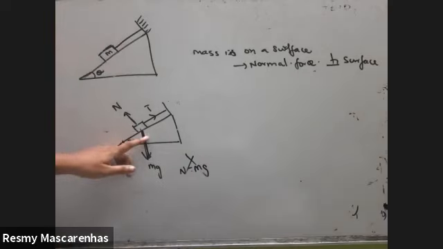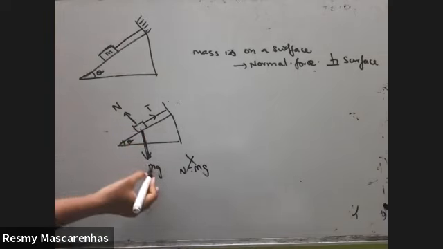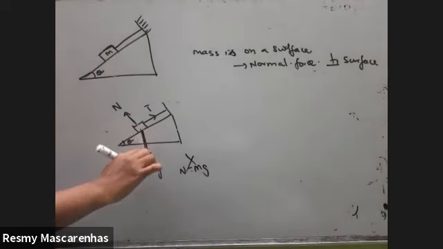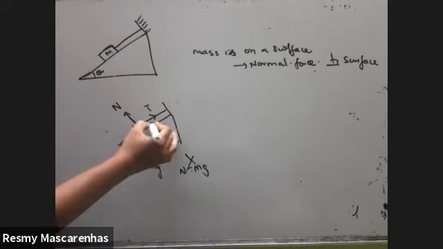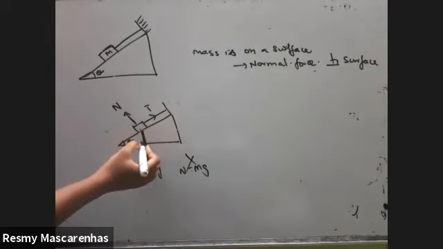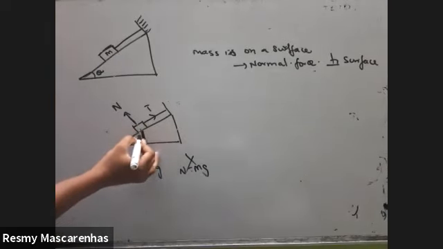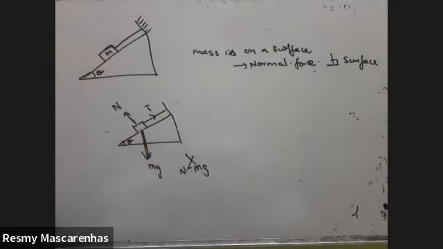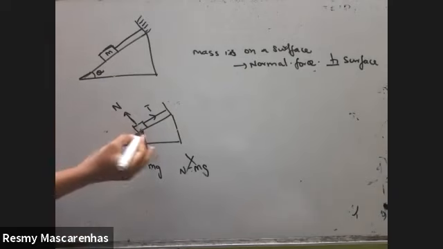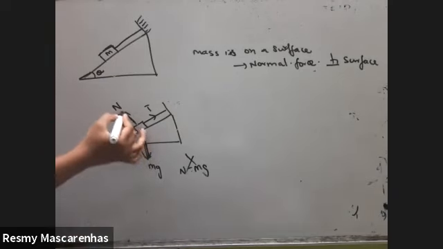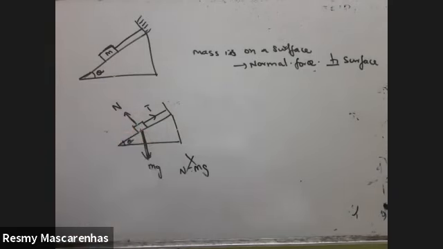This fellow is crooked. See, mg should be making 90 degrees with this surface. But is this angle 90 degrees? No. So what will happen? This fellow will have components. This should be exactly the opposite side of this.